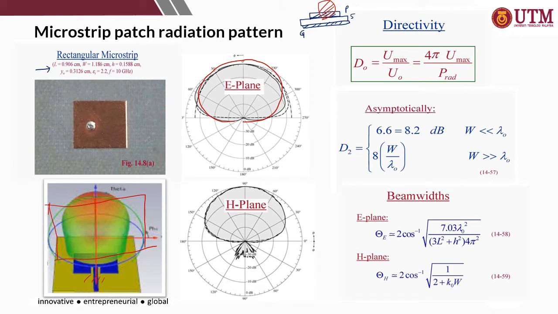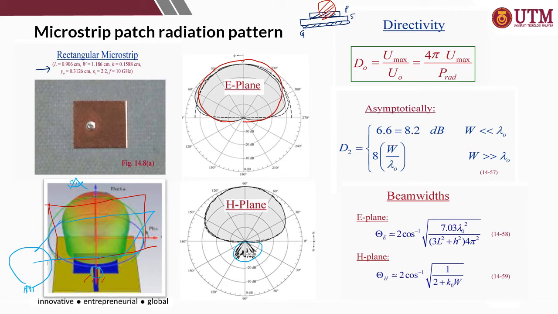Alright, for H plane, when we cut the plane in horizontal plane, and we look from the top, we will see there's a loop on top and some energy at the bottom here. This is due to the coupling at the feed point position.